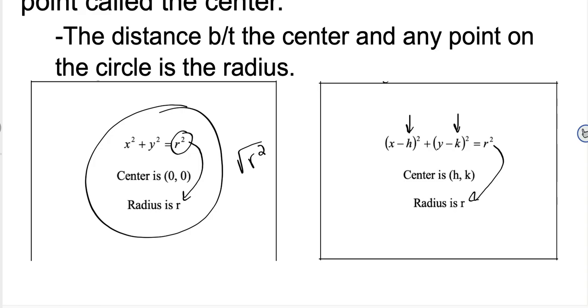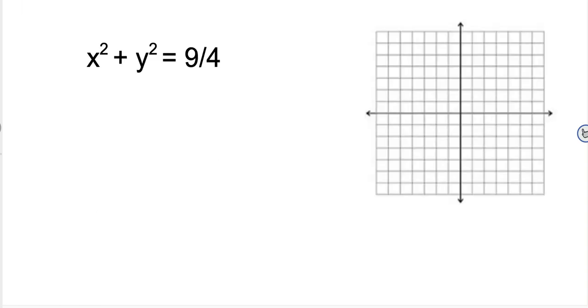Okay, so let's look at an equation of a circle and try to graph it. We want to identify the center and the radius before we graph it. There is no h or k, so our center is just 0, 0. For our radius, we have 9/4 in here, so that's my r squared.